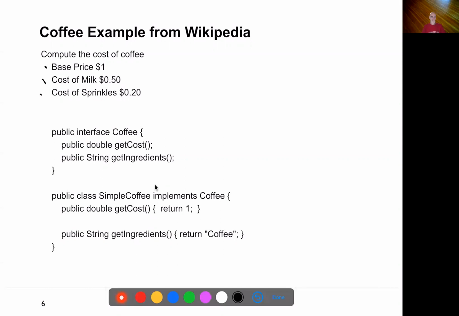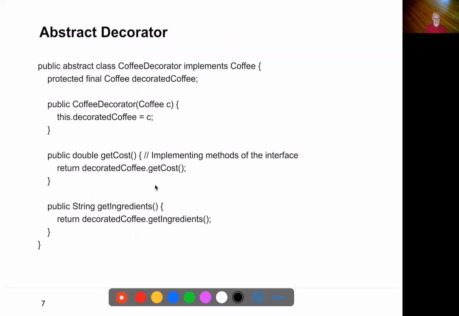Using a decorator pattern, here's our top interface. We've got two methods, give me the cost and give me the ingredients. If you just have coffee, then that's easy. The cost is $1 and ingredients is just coffee. Pretty straightforward so far. Now for the decorator, here's our decorator.